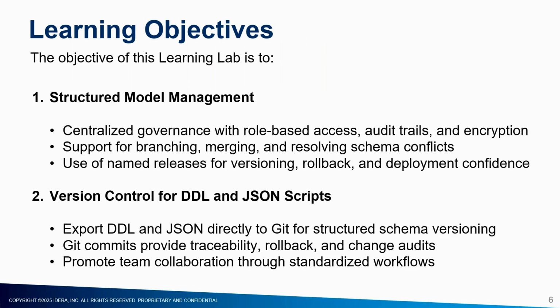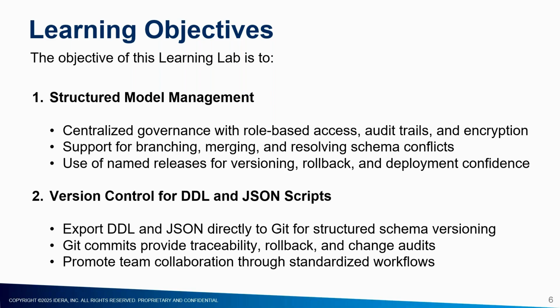The most important thing to understand is that we're talking about structured model management. We need a centralized repository that will govern role-based access and audit trails to support branching and merging, as well as resolving schema conflicts, as part of the model management approach. Also, being able to use named releases for versioning, rollback, and deployment confidence.